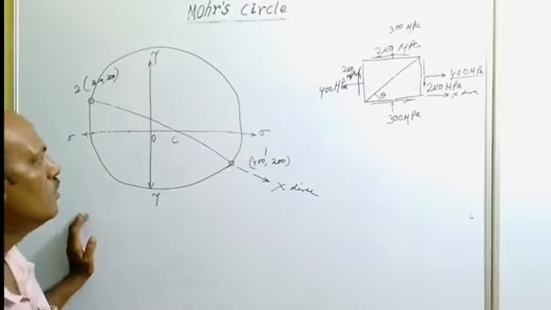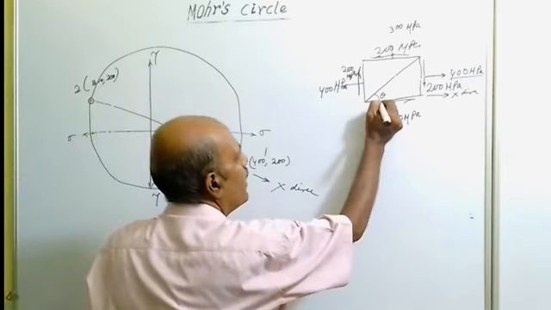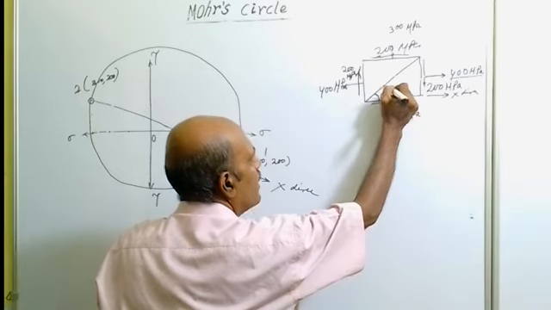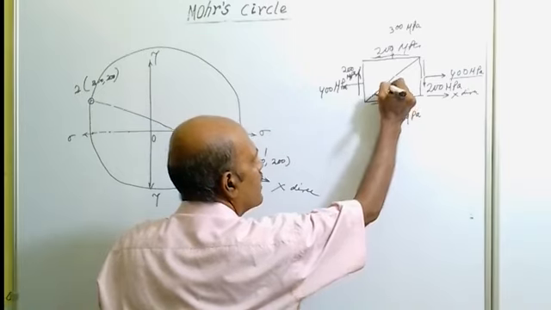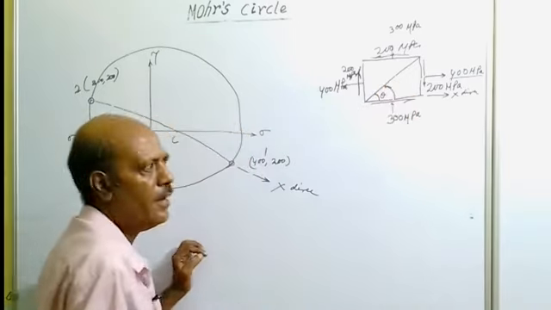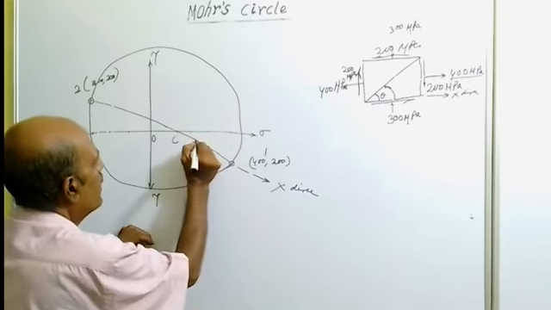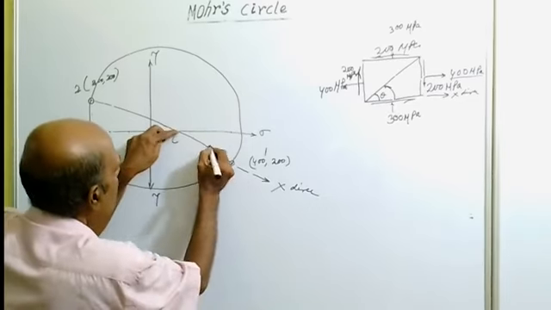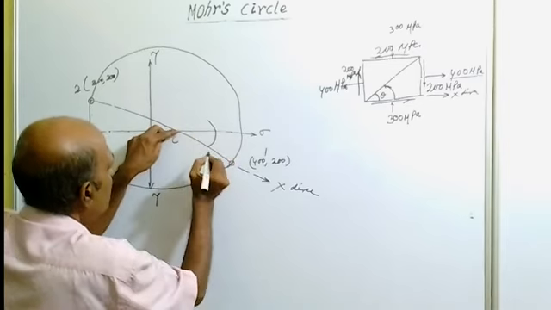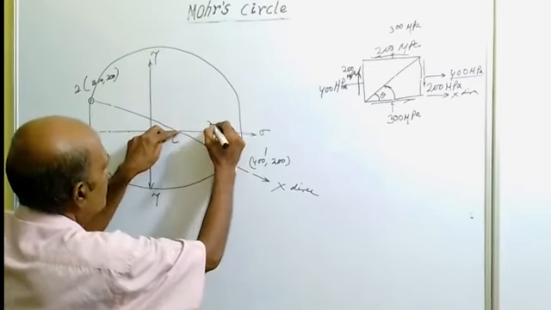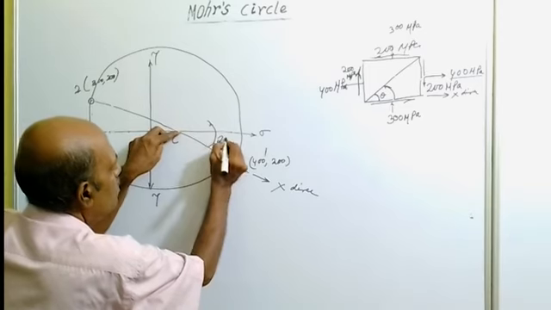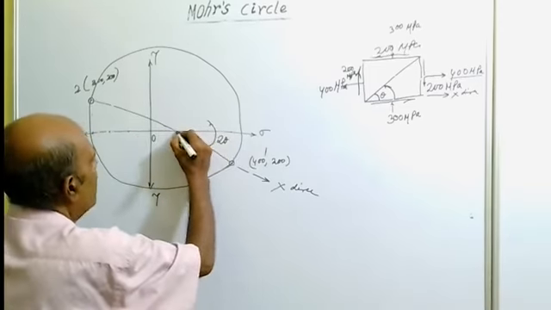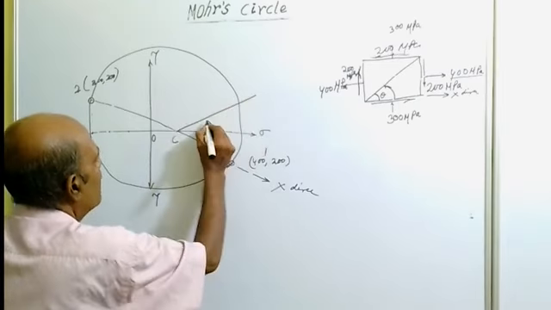Now here, where is the inclined plane? When we move from x direction in anti-clockwise sense by theta angle, we will get the inclined plane. So rotate x direction. From this point to this point, we will rotate about this C point by 2 theta angle, so that the x direction will be rotated.